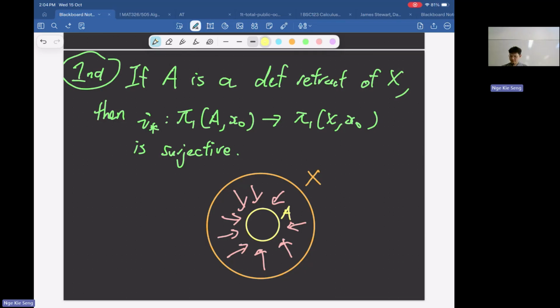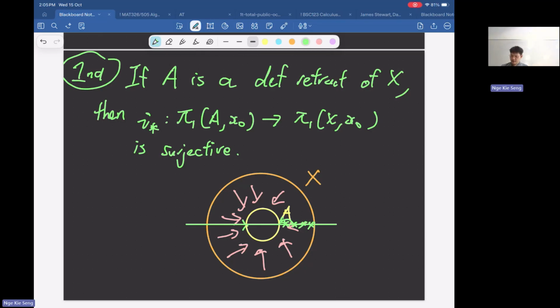So if you draw a line across like this, all the points in X you can send to this point on your A. And similarly, on the other side, you send to the antipodal point on this A. And then you can construct a homotopy between these two maps.